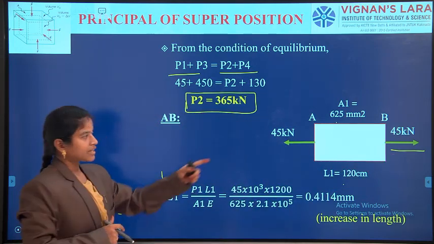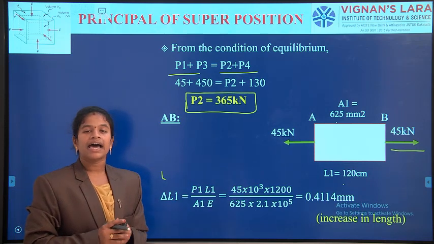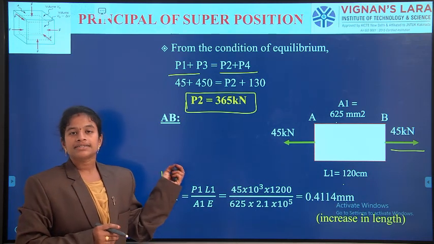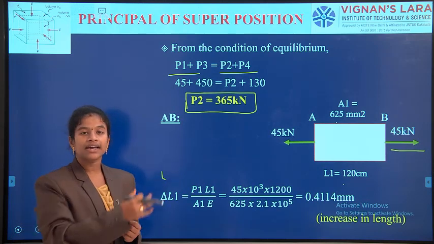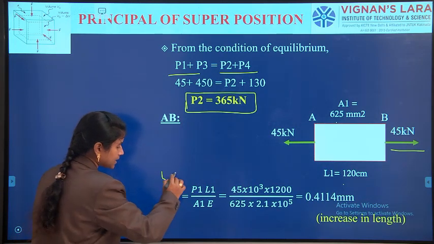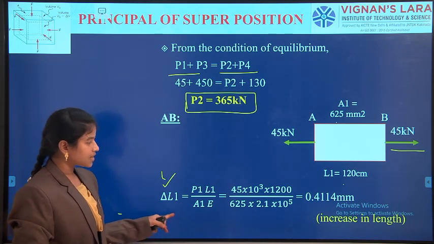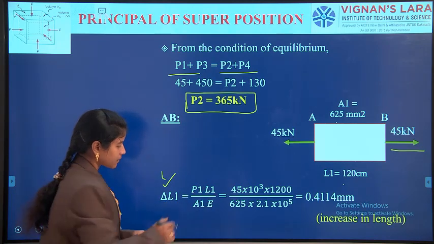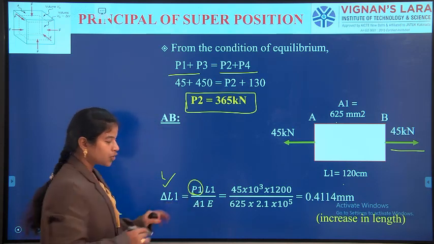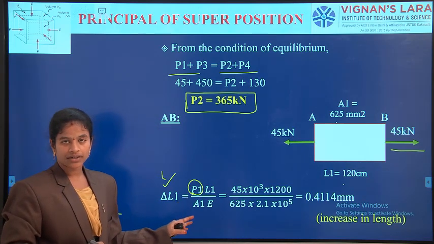Now the change in the length, as it is the tensile load, what will be the change? That will give increase in the length. Okay. So that increase in the length, delta L1 is equal to P1 load and L1. If you don't want to write P1, no need, only for the formula I am writing. Okay.